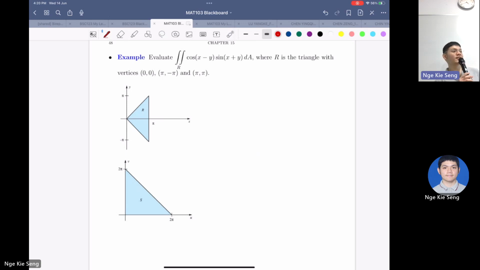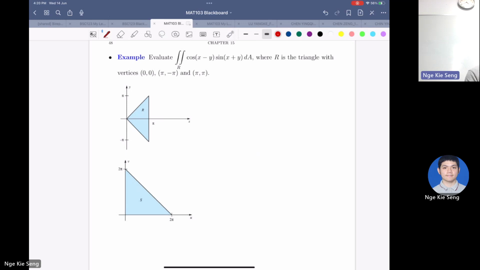Pi, minus pi and pi. So what can we do here? We can consider a transformation.